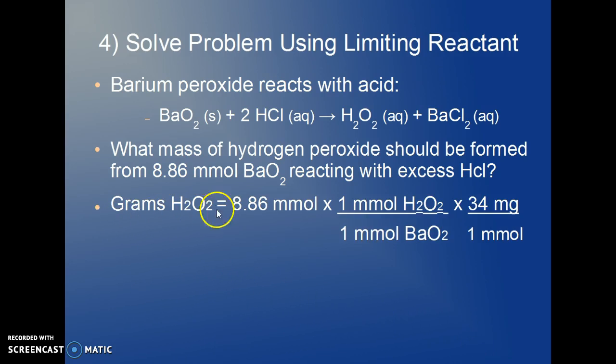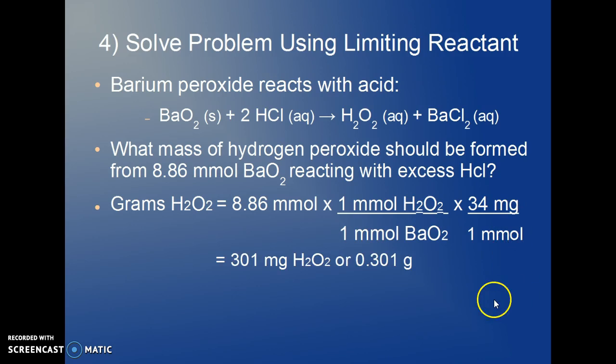Grams of hydrogen peroxide would be 8.86 millimoles of barium peroxide. Get rid of that. Times 1 millimole, see from the equation, 1 millimole of hydrogen peroxide is formed from 1 millimole of barium peroxide, so we have a 1-to-1 ratio there. And then we multiply by the molar mass of the hydrogen peroxide, 34 milligrams per millimole.